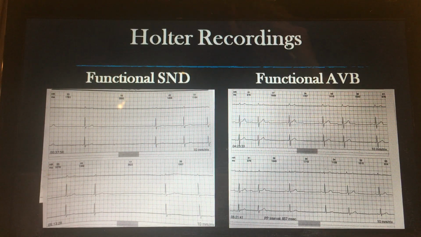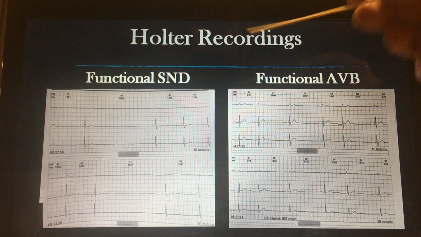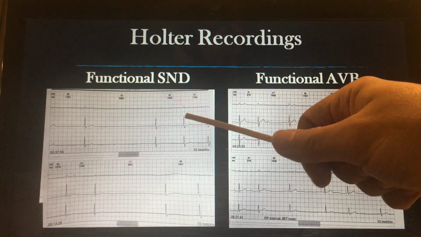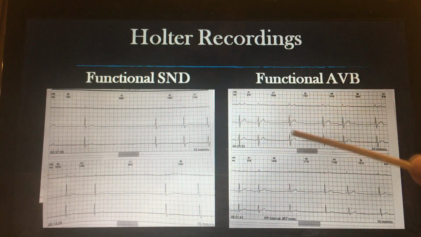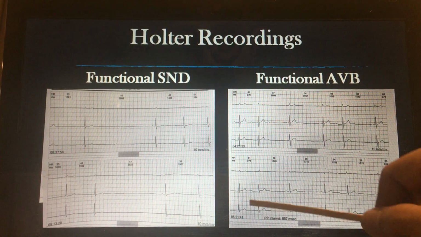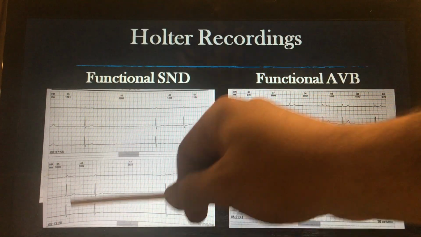Before performing coronary ablation, we usually want to see Holter recordings of the case, because you can also see significant sinus asystole pause episodes or functional AV block episodes, especially during evening times. In the present case, as you see, we see a lot of sinus pauses and Mobitz type 1 AV block episodes, especially during evening time.